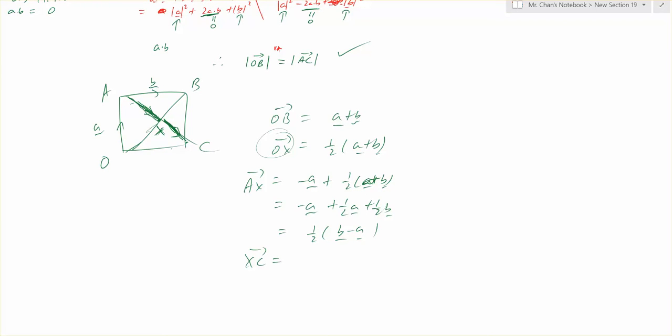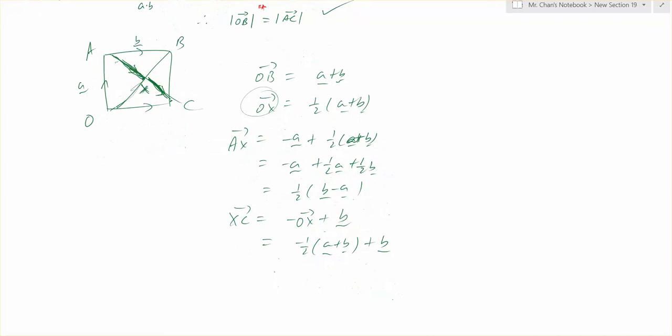To get to XC, you need the negative version of OX plus OC, which is just B. So negative OX is negative half of A plus B, and you add it to B. So what do we get? We get negative half A, negative half B, plus B. And again, we've got half of B minus A.